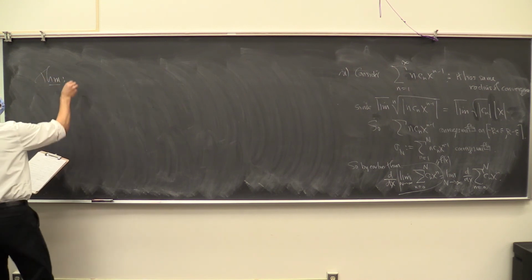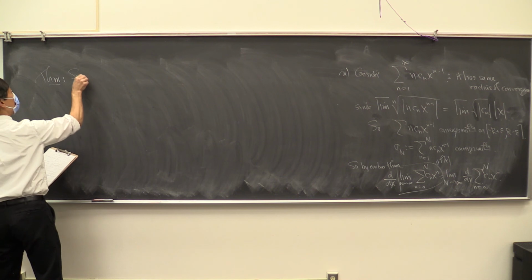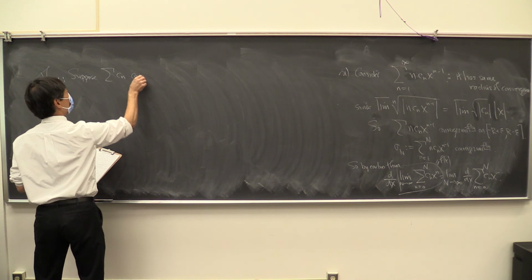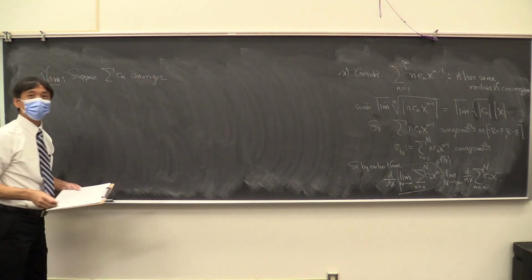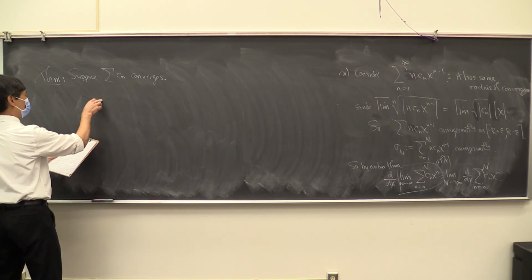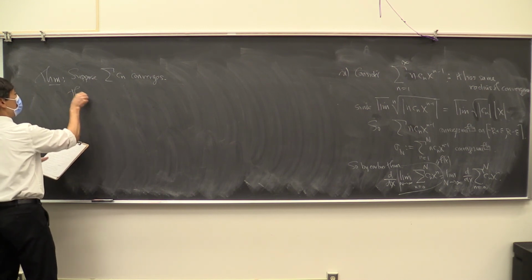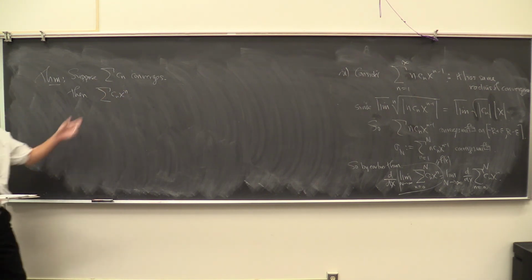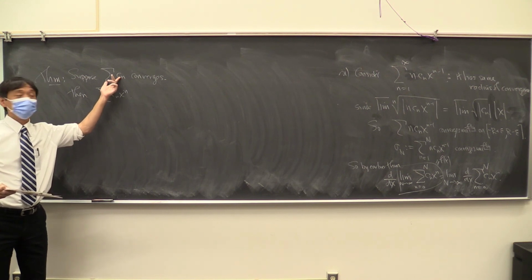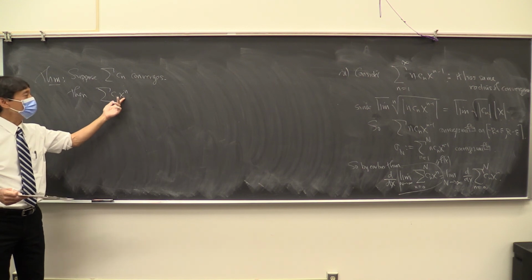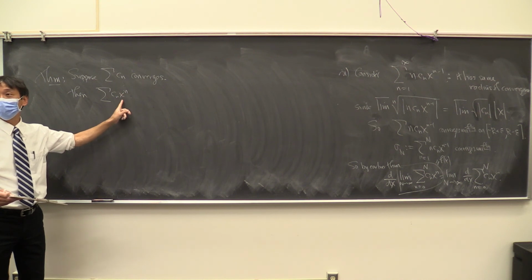Here's the theorem. Suppose you have a series that converges, and then you make a power series out of it. So you've got a bunch of coefficients whose sum converges, and you make a power series out of it. Thinking about this power series, we know that when x is 1, this thing converges.